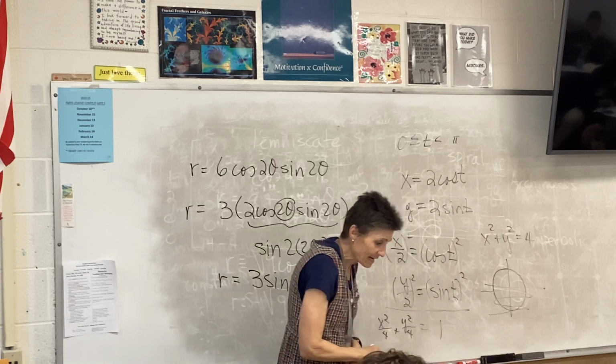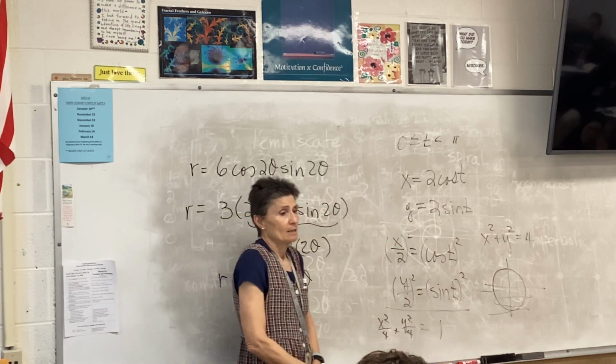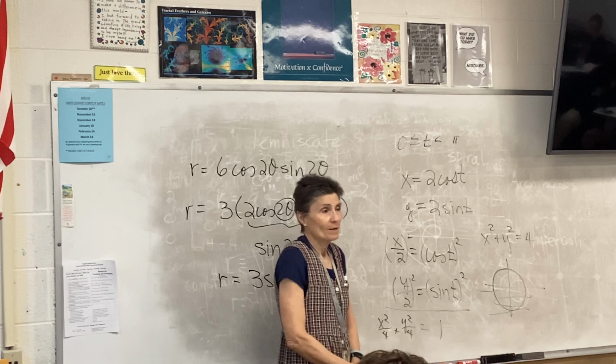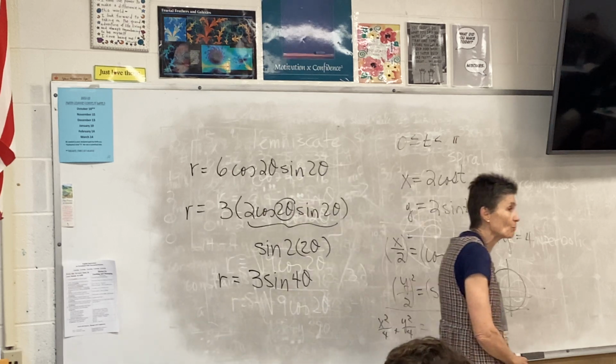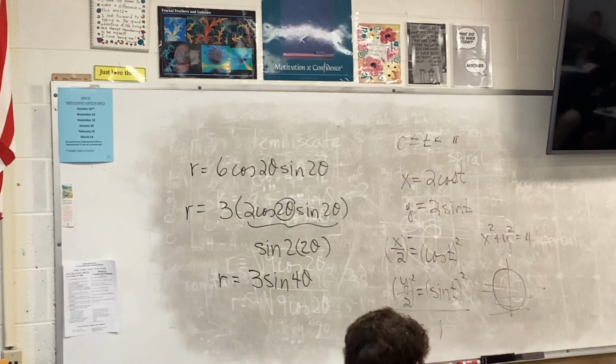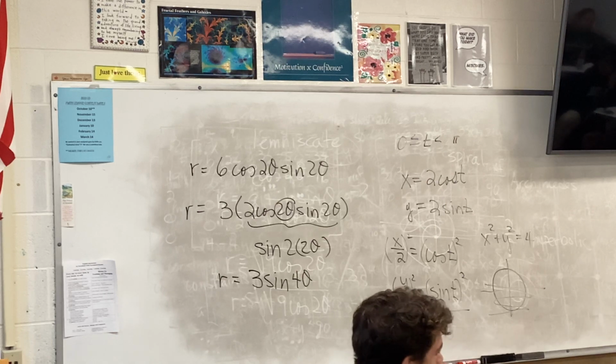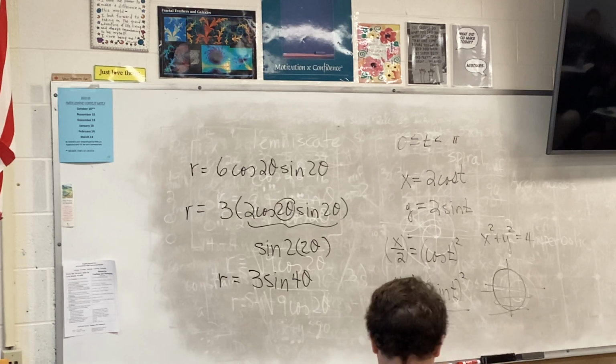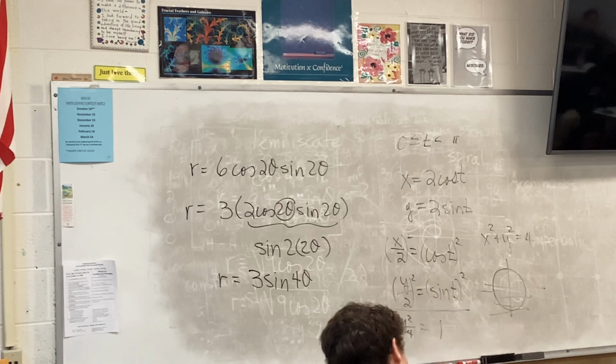Because what does that tell me? It's a half circle, because we're only letting t go from 0 to 180. Does that make sense to you?